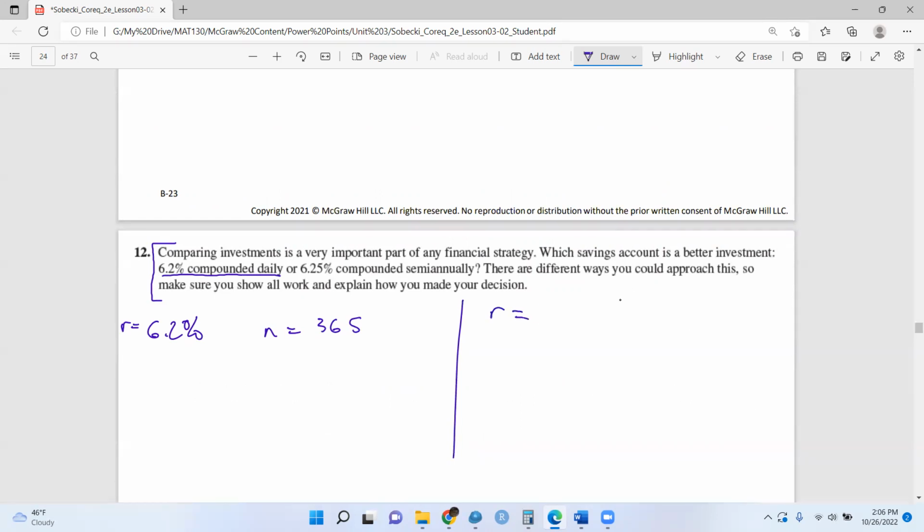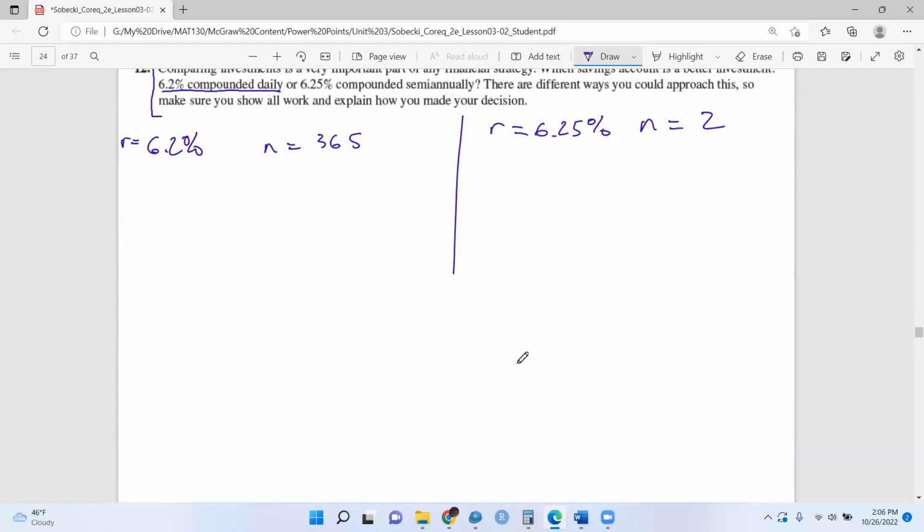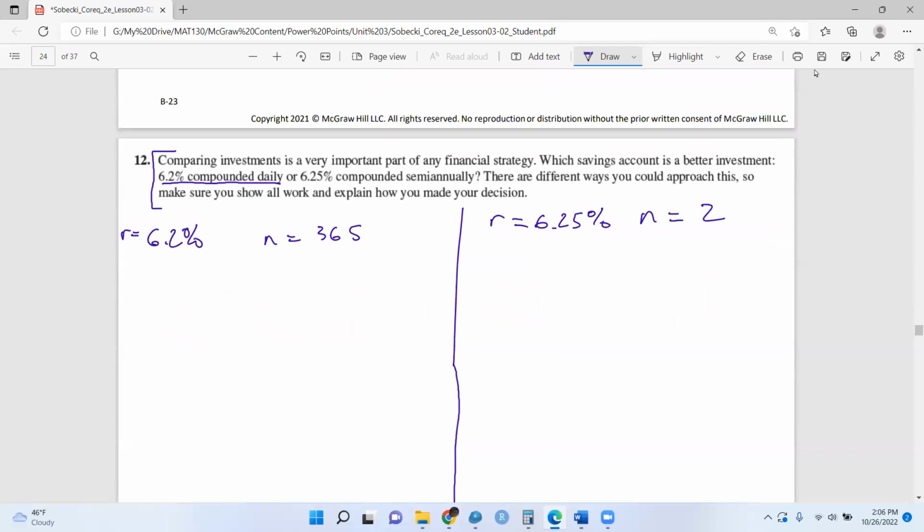And then over here, we've got r equals 6.25%, and it's compounded semi-annually, which is 2. So calculate which one's better as a savings account. In other words, actually use the effective interest rate and calculate the effective interest rates for these two. I'll give you 5 minutes. Set a timer for 5 minutes.